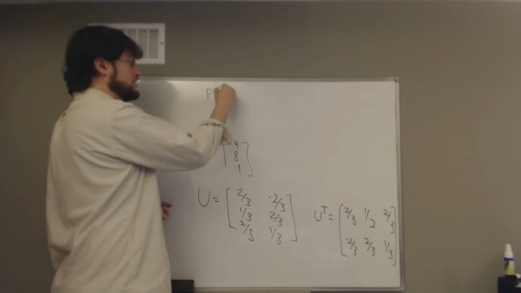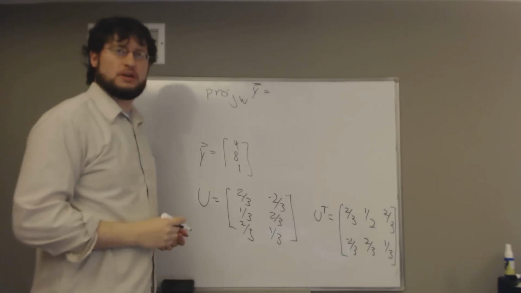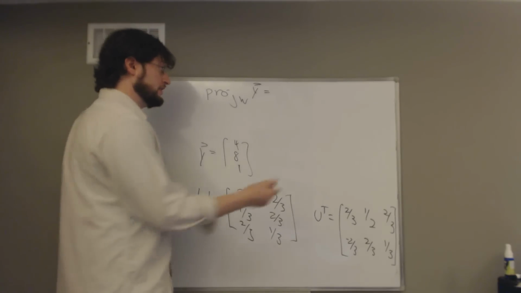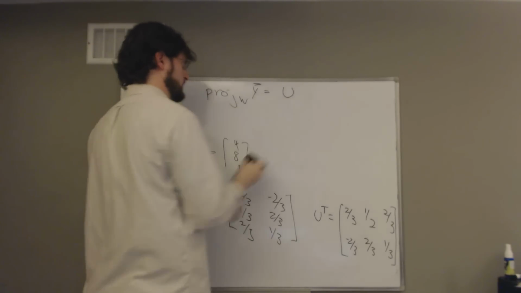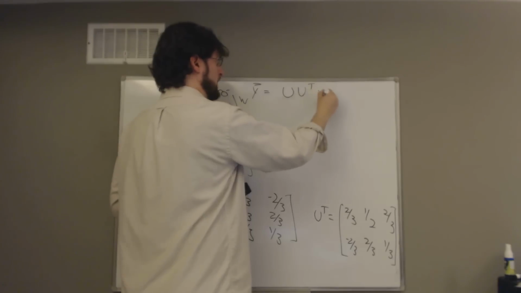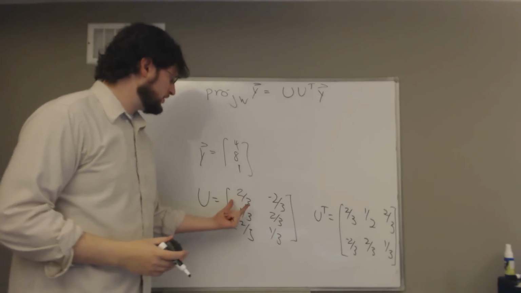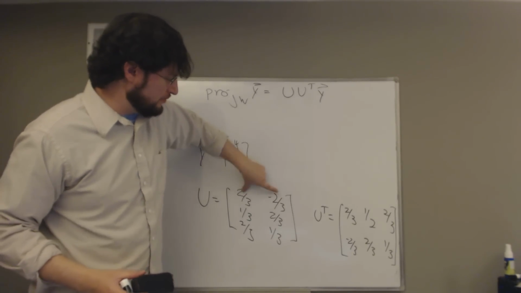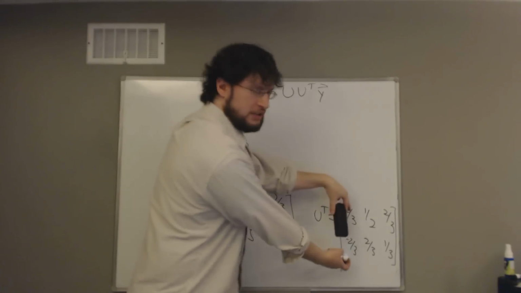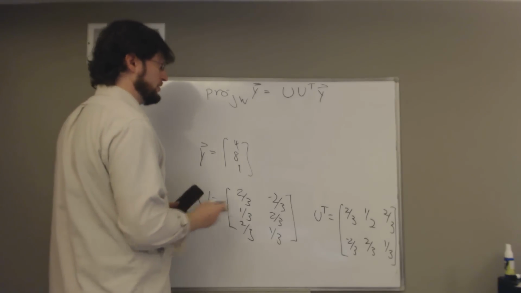Remember that the projection of y onto W, according to our formula, is just U times U transpose times y. Notice that this makes sense because U has two columns, so these two have to match up with these two when we multiply. So this is the appropriate order for this to make sense.